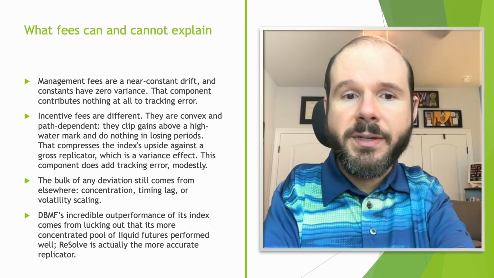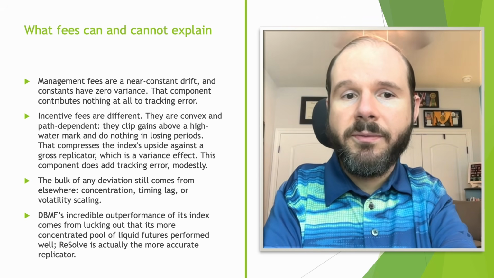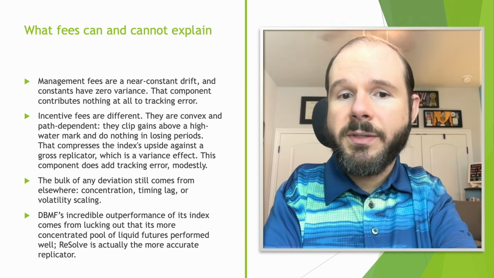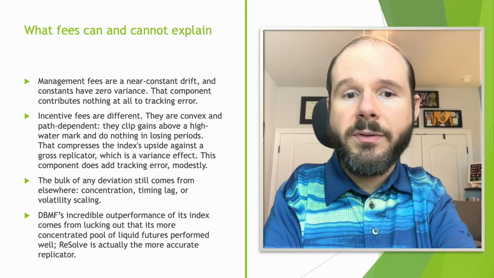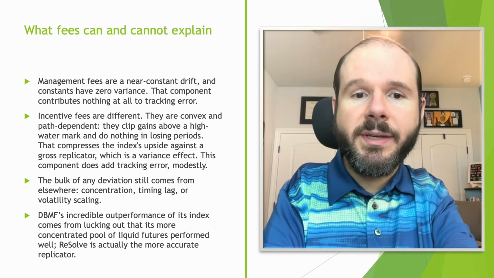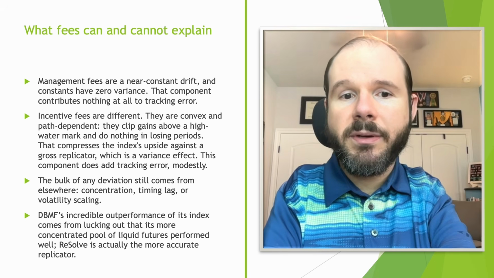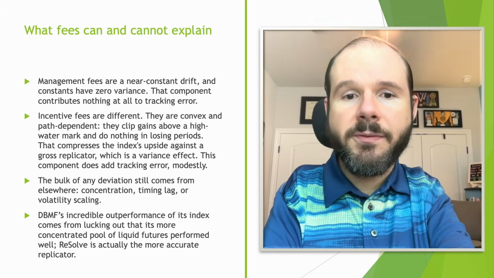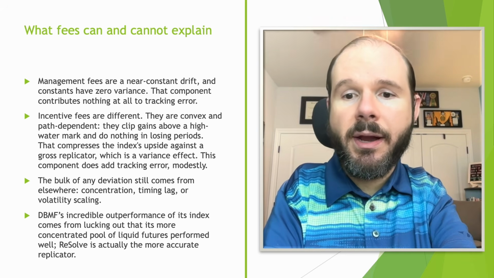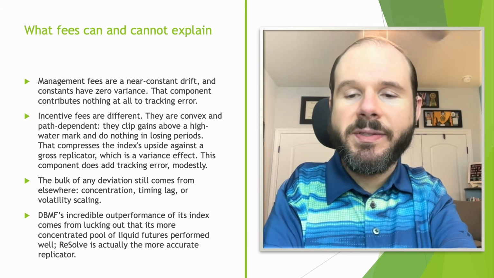I will grant incentive fees are a bit different. They're convex and path dependent, as I stated before. They clip gains above a high water mark and they do nothing in losing periods. And that tends to compress the index's upside against a gross replicator, and that's a variance effect. So that's true. This component does add tracking error, but it's modest.